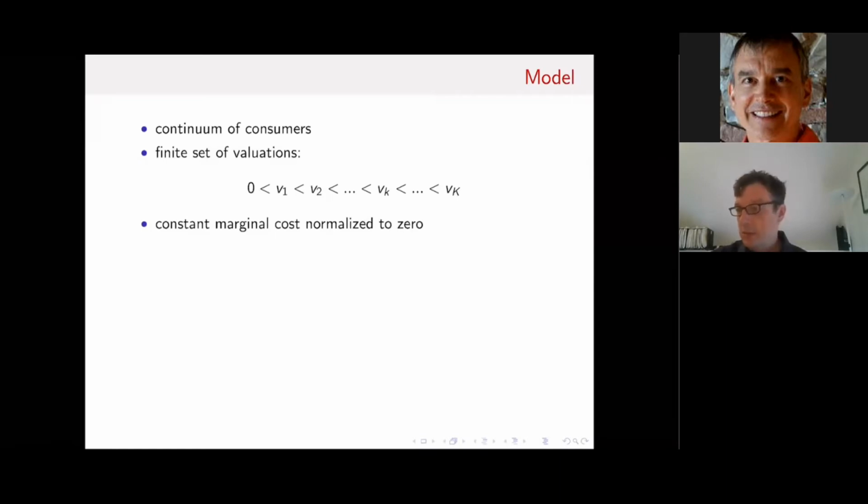Okay. There's going to be a constant marginal cost of production for the seller. So, and we're going to normalize this to 0. In other words, V is the net value, the social net value of producing the good.